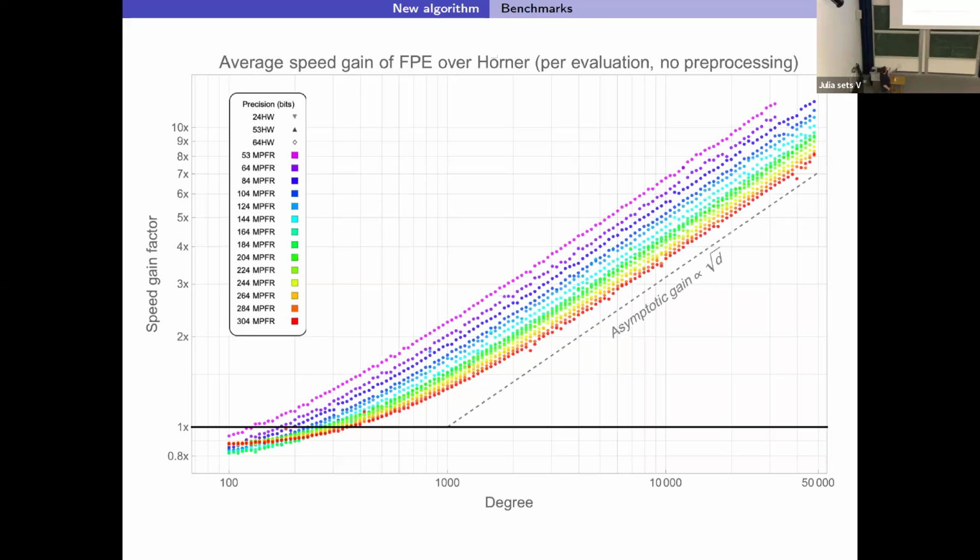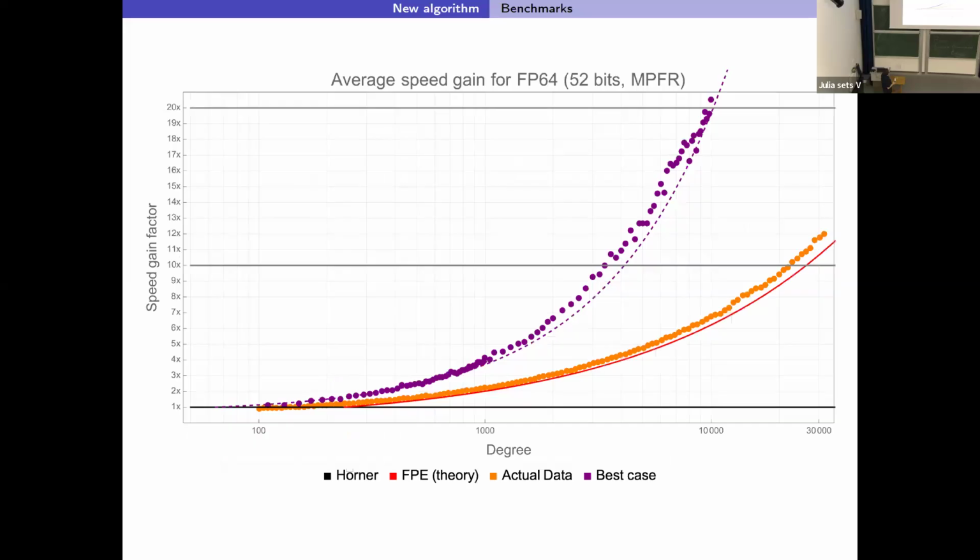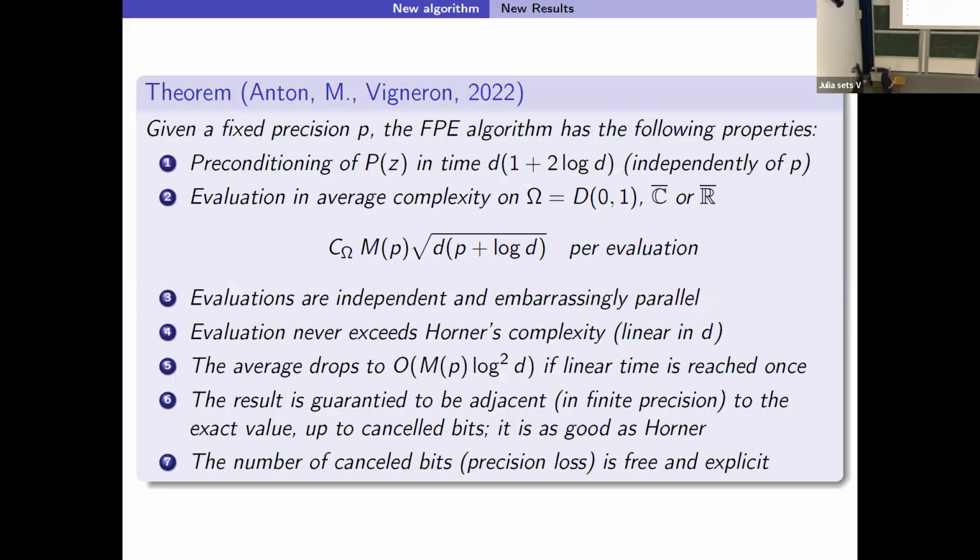Maybe more than 100. If we improve the precision, say from 300 bits to 3,000 bits, do you think it will be better for degree 100? It should not grow in degree. Otherwise, if the precision is the degree, then you have d squared here, and you also have something extra. So it should be in a way fixed. Even if it's high, it should be fixed, and the degree much higher. Otherwise, there's no point to use it.